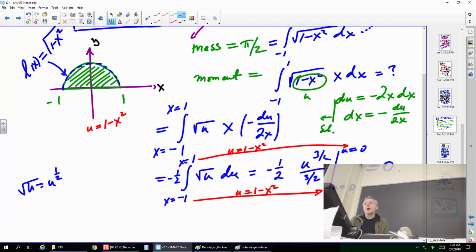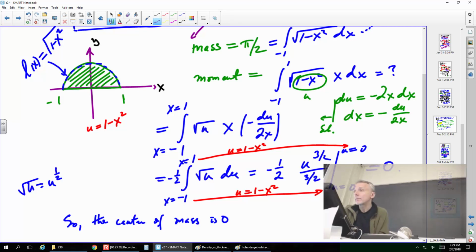So the moment with respect to the origin is 0 for this object. So what's the conclusion about the center of mass? It's at the origin. So indeed I could put my support right here, and it will balance.